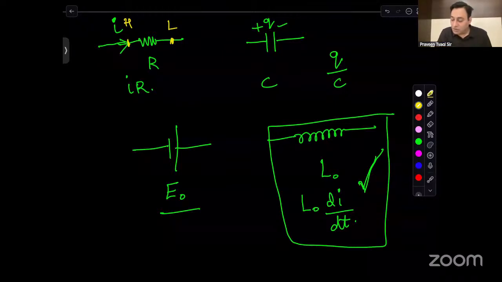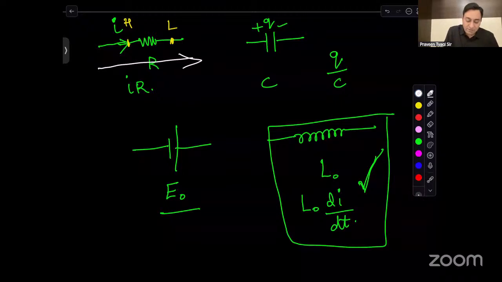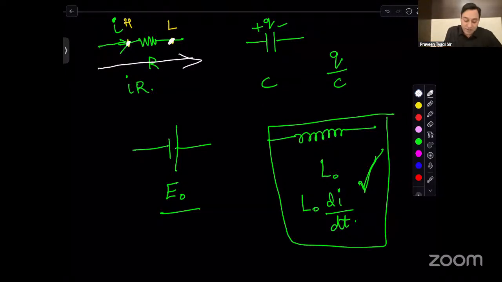So now, while writing the equation, if in a loop you are moving in the same direction as that of the current, you are going from higher potential to lower potential. That means potential is decreasing. If I am assuming potential increase to be positive, then potential decrease has to be negative. So I will write minus IR.